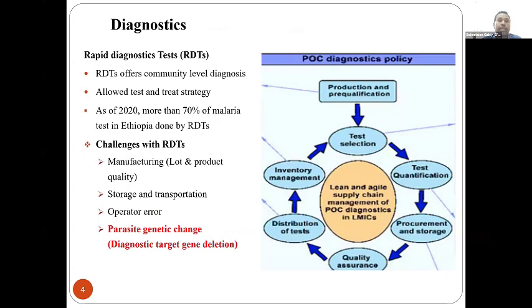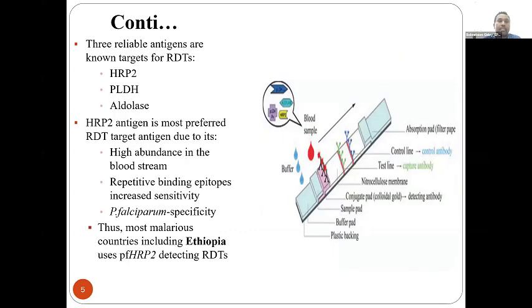As of 2020, more than 70% of malaria was being detected using RDTs at the community level. The common challenges were manufacturing, like lot and product quality checks, storage and transportation, and operator error was the most common, but gene deletion is the new challenge affecting detection using the RDT.